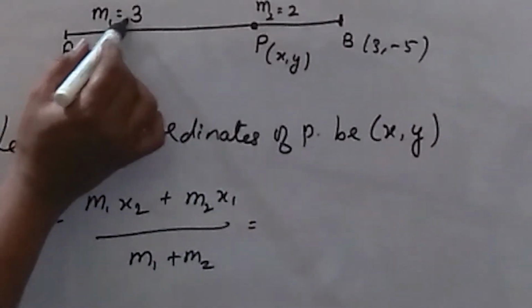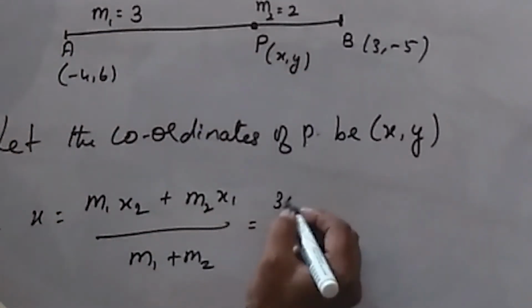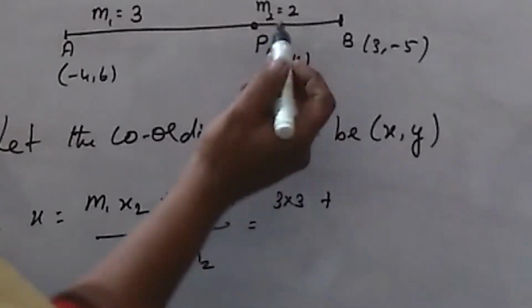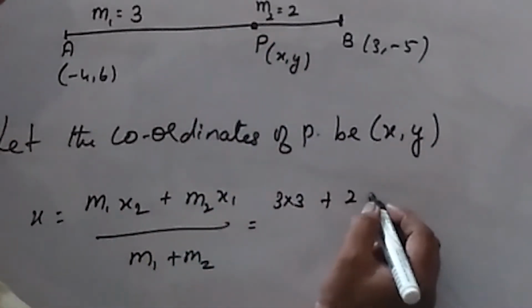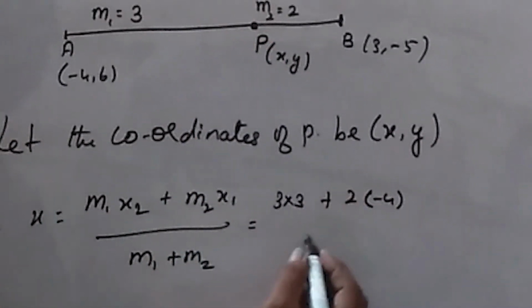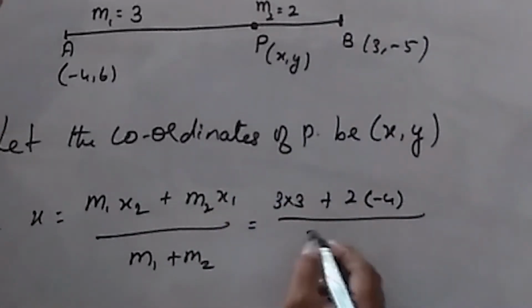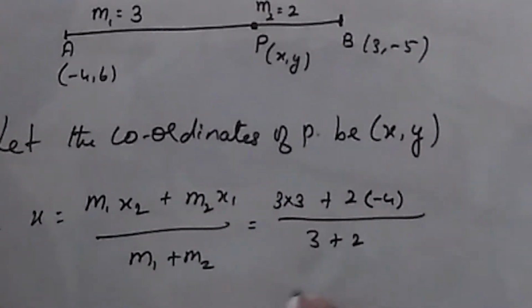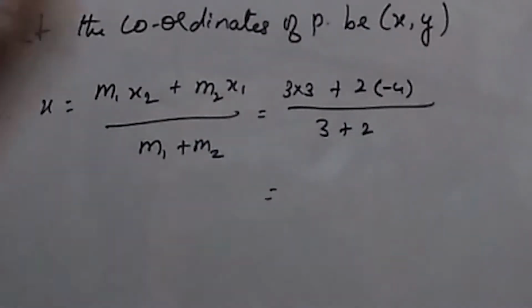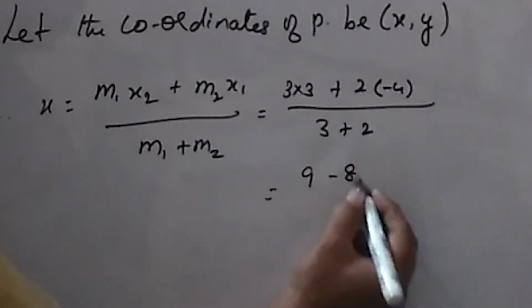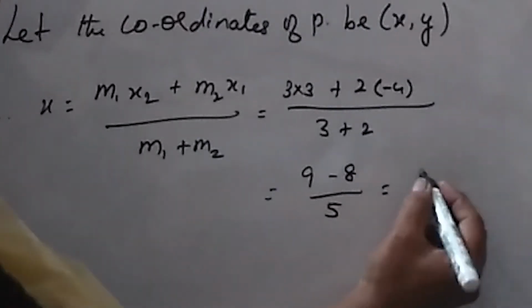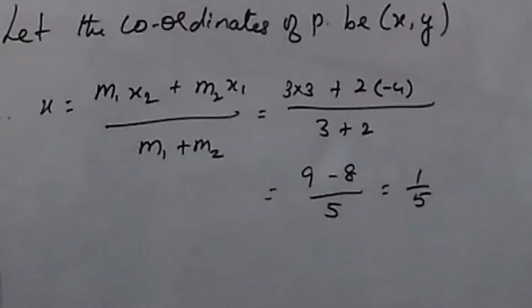So take 3 into 3 plus 2 into minus 4 upon 3 plus 2. So what you will get? That is equal to 9 minus 8 upon 5, that is 1 upon 5.